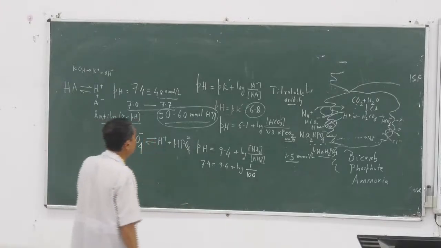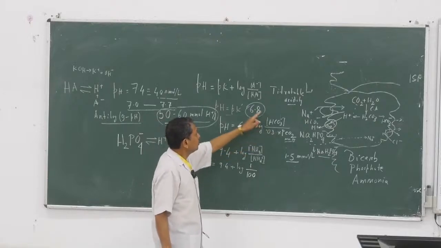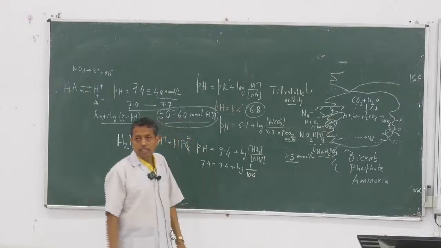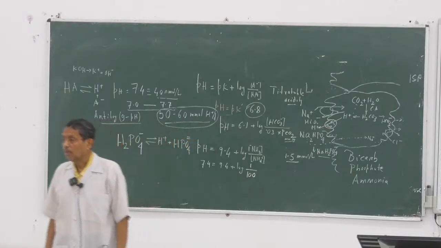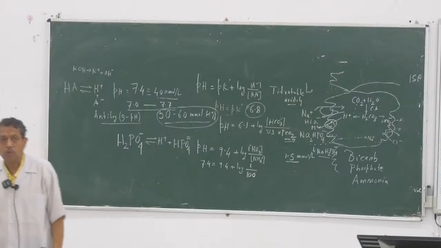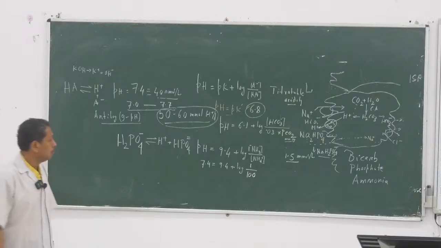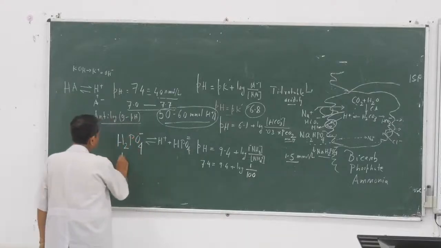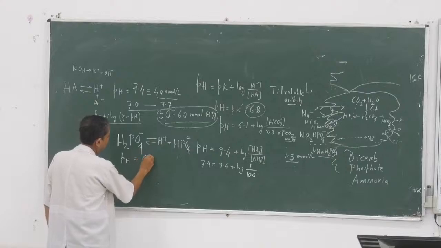Whenever it is 7.4 and the pK is 6.8, then this value in this case is more than the denominator, roughly 4 times, 4:1. Whenever, in this case, this pH is 6.8.